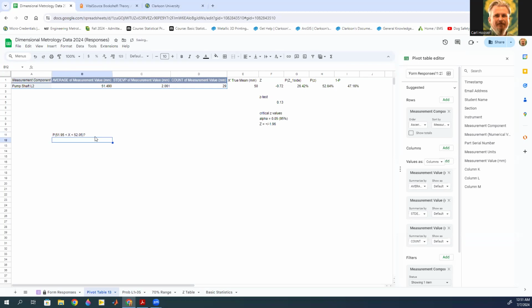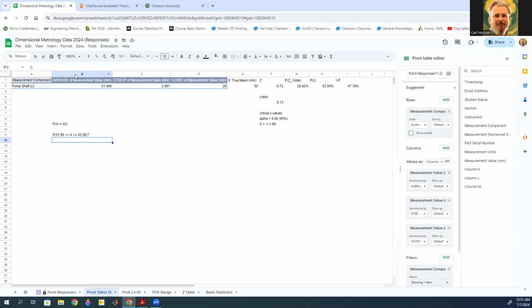We're also trying to find the probability that X is at least, so let's call it greater than or equal to 52. And we can also use equal signs here, greater than, less than, equal to, in this question here.